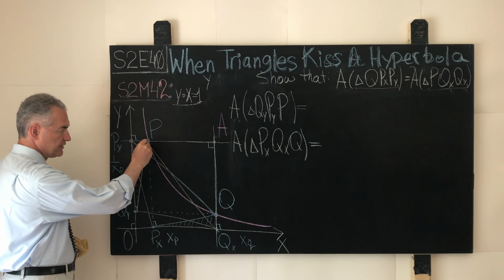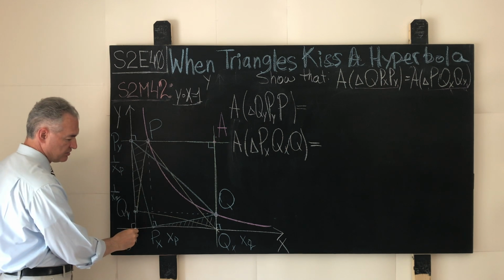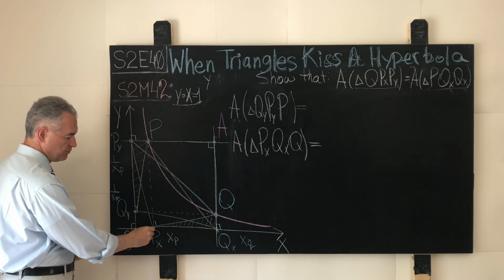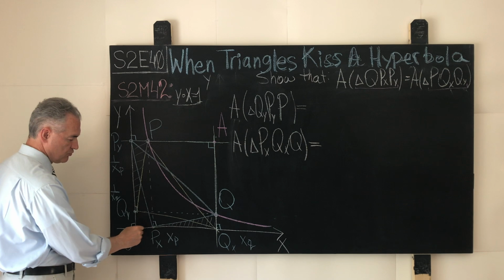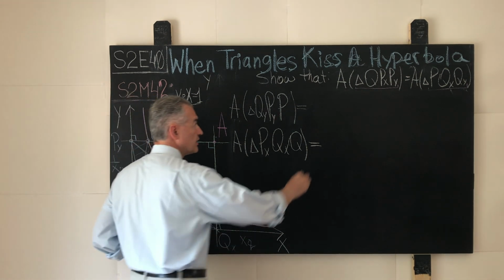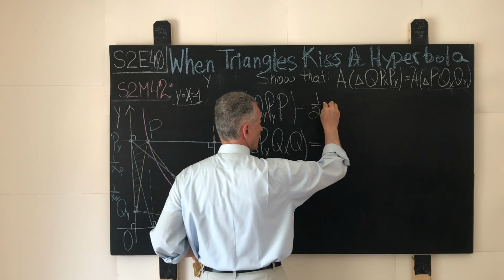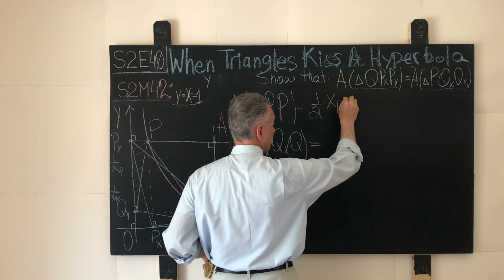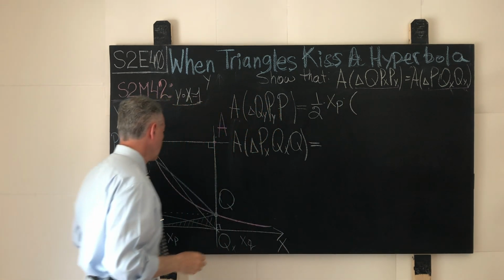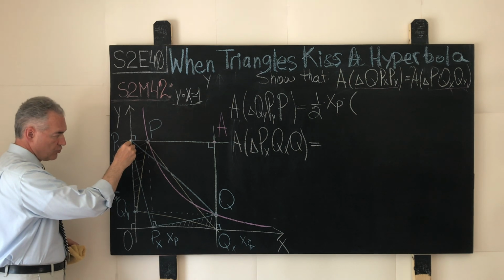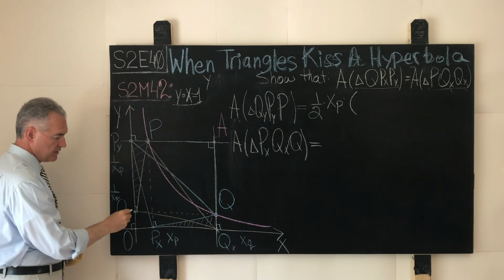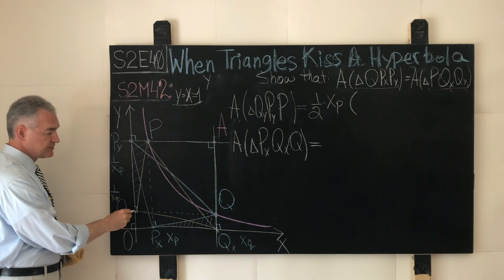Half product of the base. What is the base? It is the horizontal displacement of the point P from the y-axis, or from the origin here. So it will be 1/2 times xp times what? The height of this triangle, or the length of the line segment PY, QY, is what?